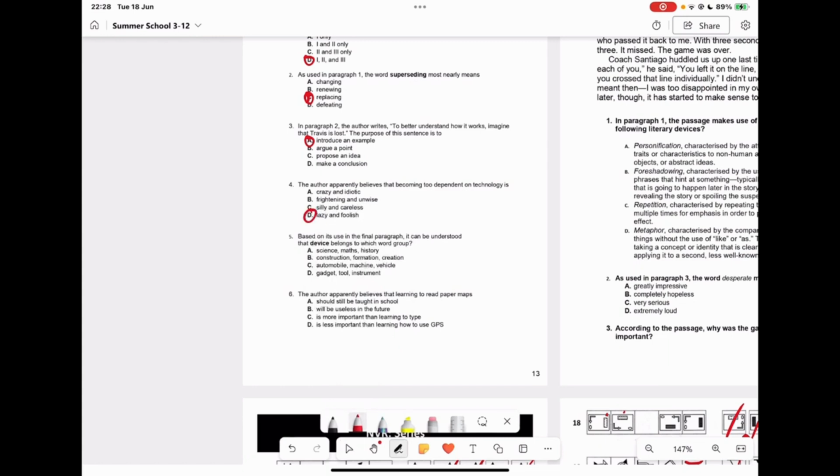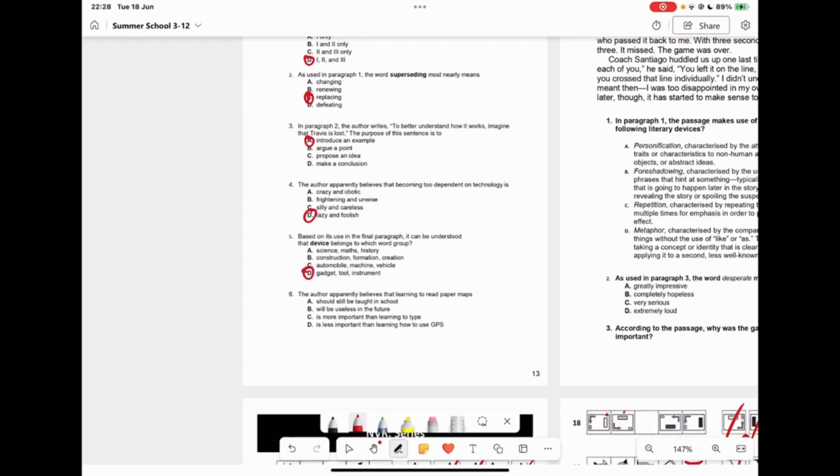So now we are going to be looking at, based on its use in the final paragraph, it can be understood that device belongs to which word group. So science, maths, history, not quite. Those are school subjects. Construction, formation, creation, these are all synonyms. Not quite. Automobile, machine, vehicle, kind of, but not really. Gadget, tool, instrument, yeah, it will be gadget, tool, instrument.